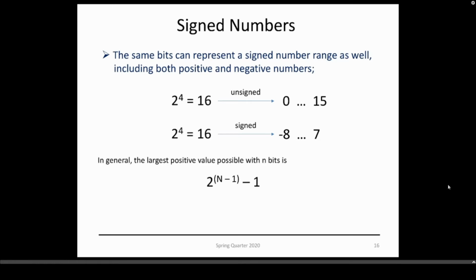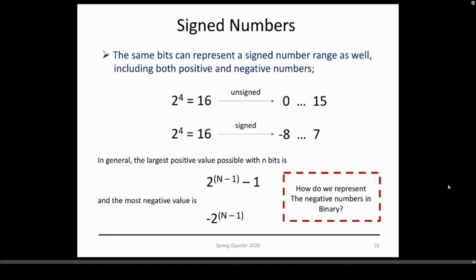The formula is the largest positive is 2 to the n minus 1, minus 1. Pay attention that this minus 1 is not part of the exponent or the power of the 2, it's outside. And the most negative value is just 2 to the power of n minus 1, with the negation of that, or the negative sign.